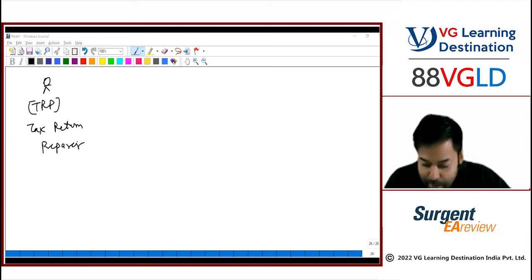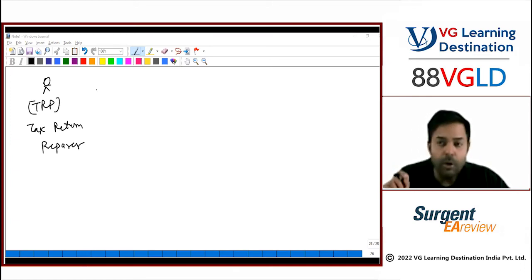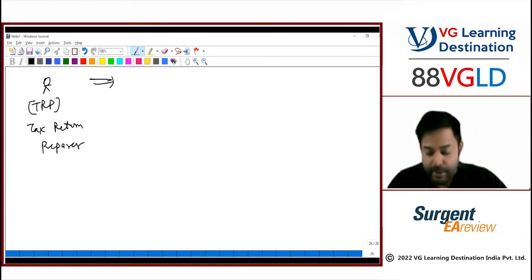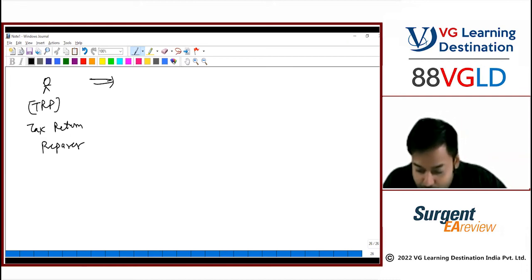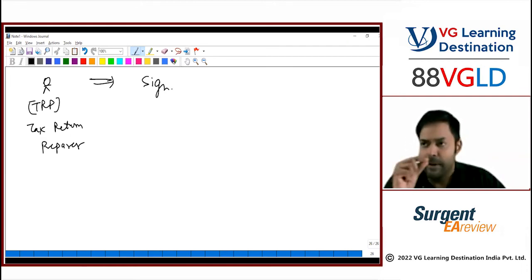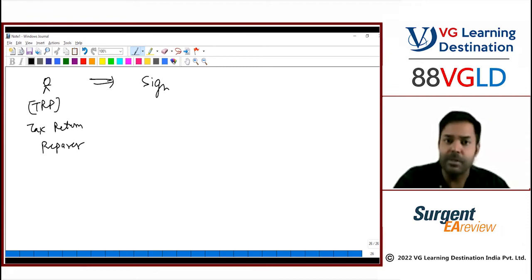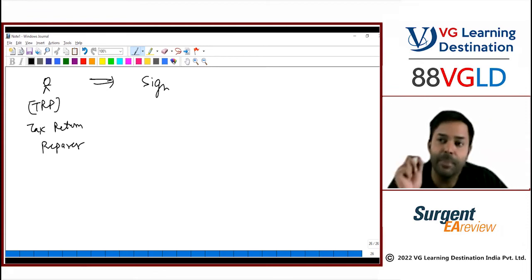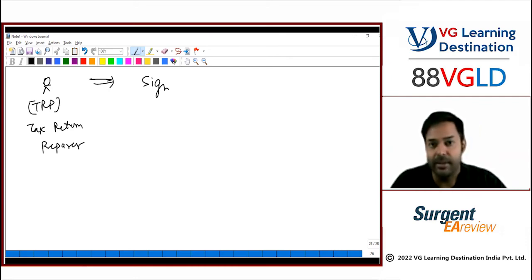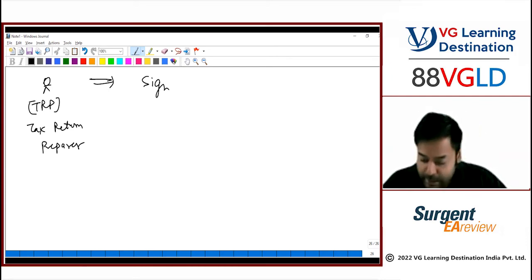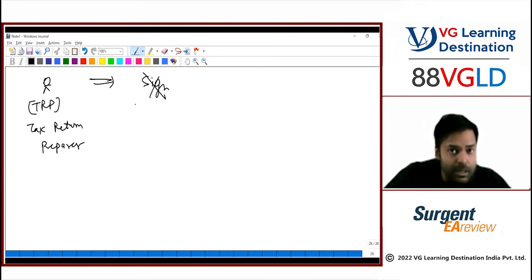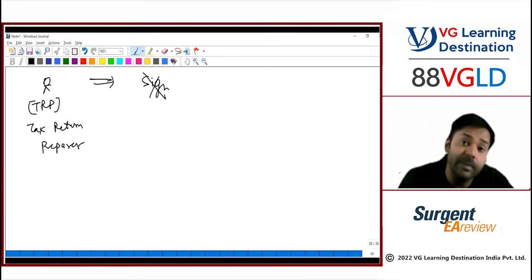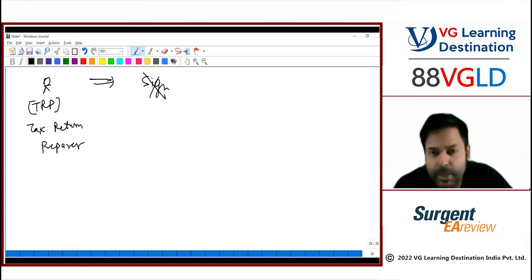A tax return preparer is not necessarily someone who signs only. It could be anyone. It is good if one person is doing everything and signing, but it is not mandatory that only the person who signs is classified as the TRP. Someone who is not signing the return can still be a TRP. That sounds confusing. How come?